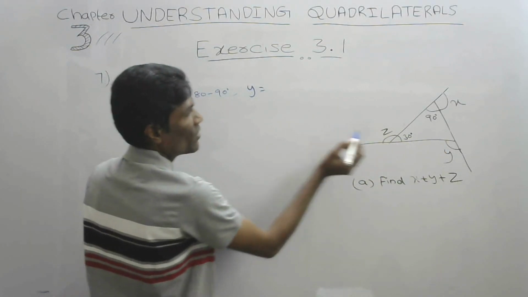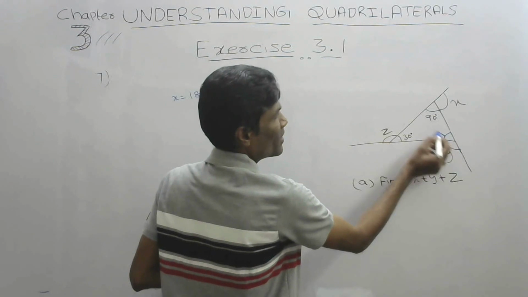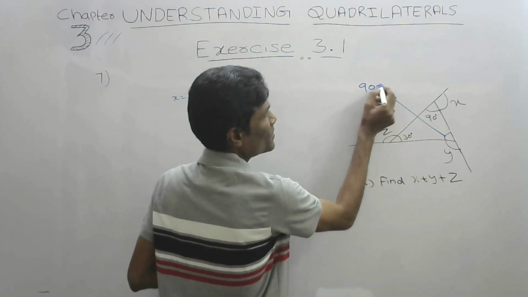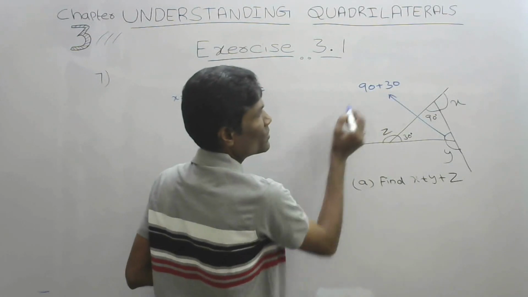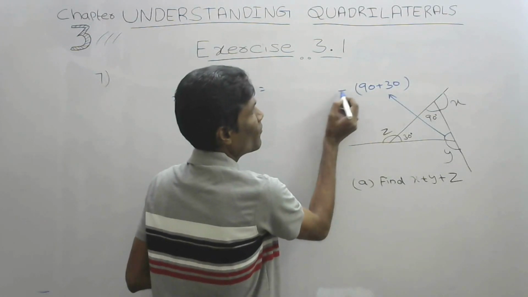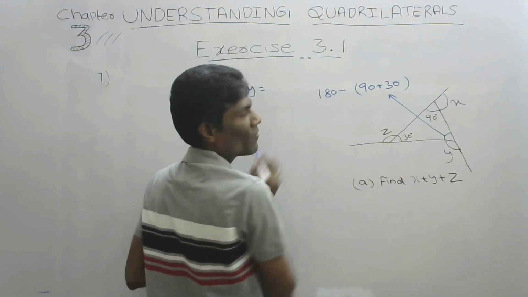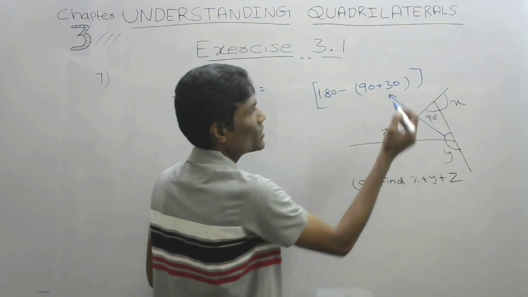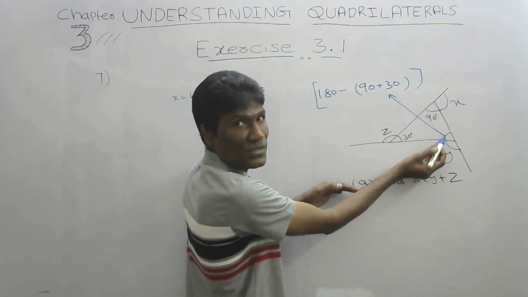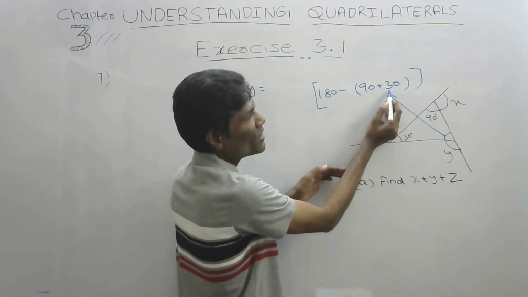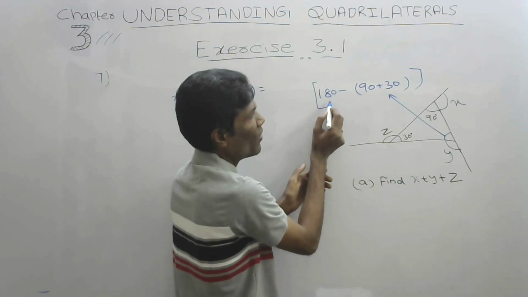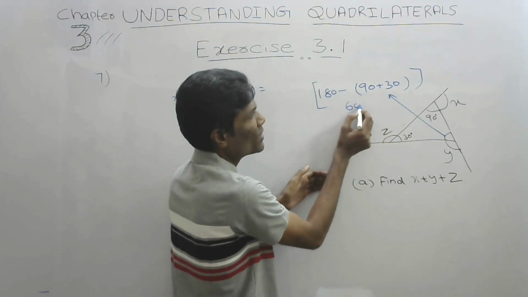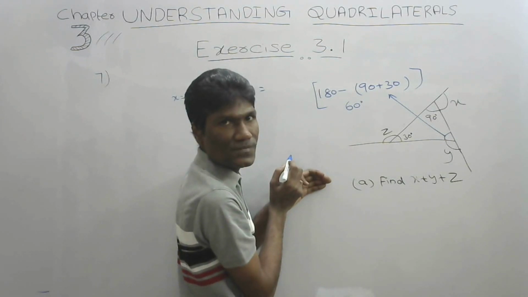This angle is 180 minus (90 plus 30). From this we should subtract 180. So 90 plus 30 is 120, and 180 minus 120, so we got 60 degrees.